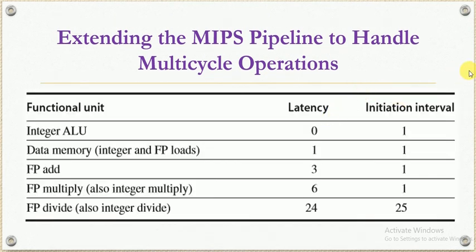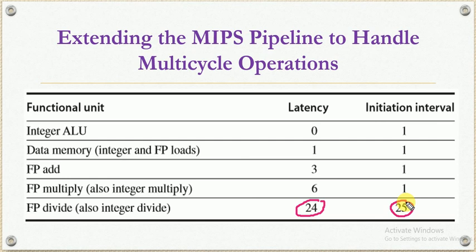So 24 is the latency, the entire number of cycles utilized for division, and the initiation interval adds the repetition of the instruction fetch once again. That period is wasted for the starting of the execution, because the instruction decode is not done. That's why everything has to be repeated again. So the initiation interval is more for the case of the division operation.